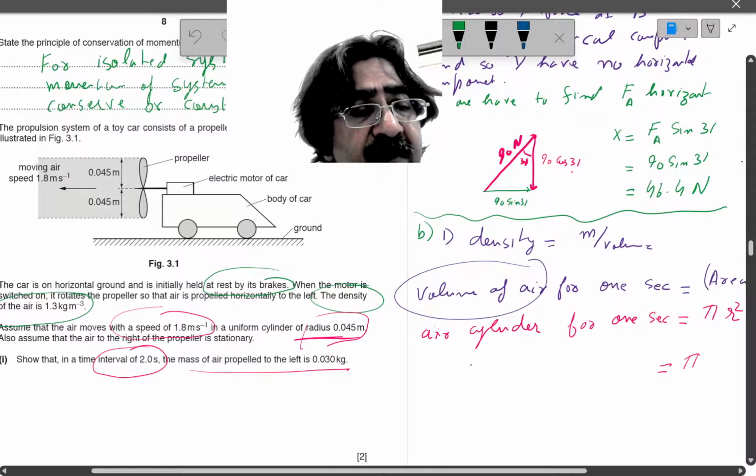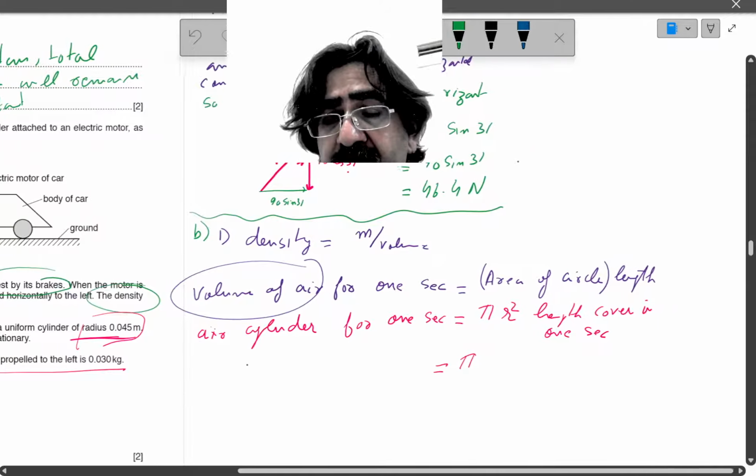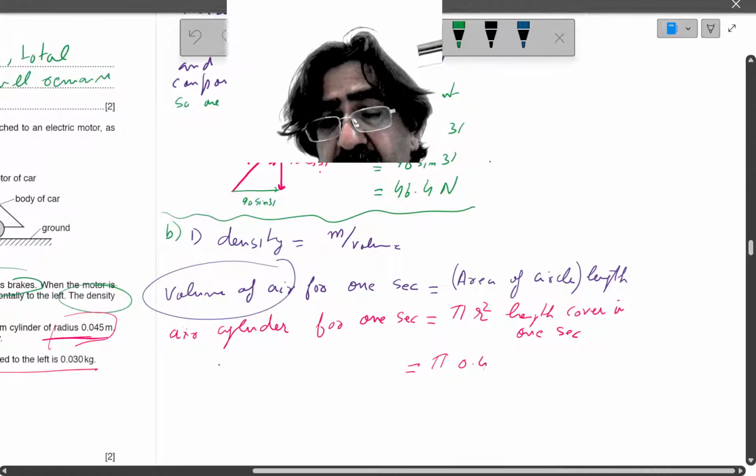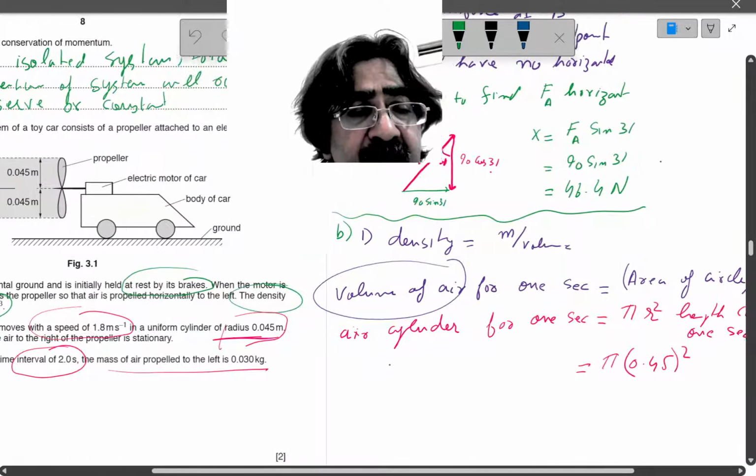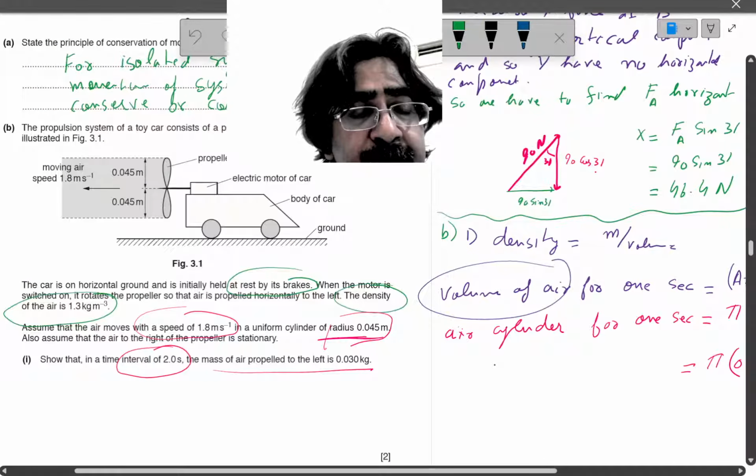Radius is 0.45 meter, so 0.45 meter squared. The length covered in 1 second is 1.8.